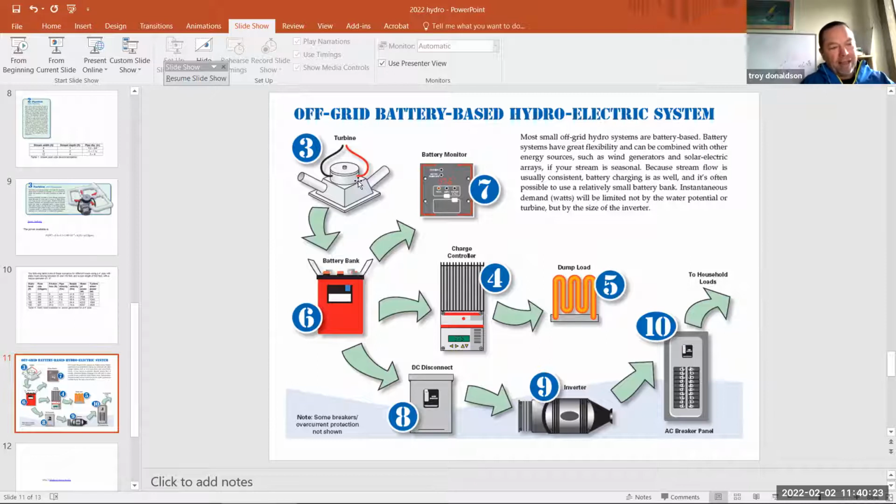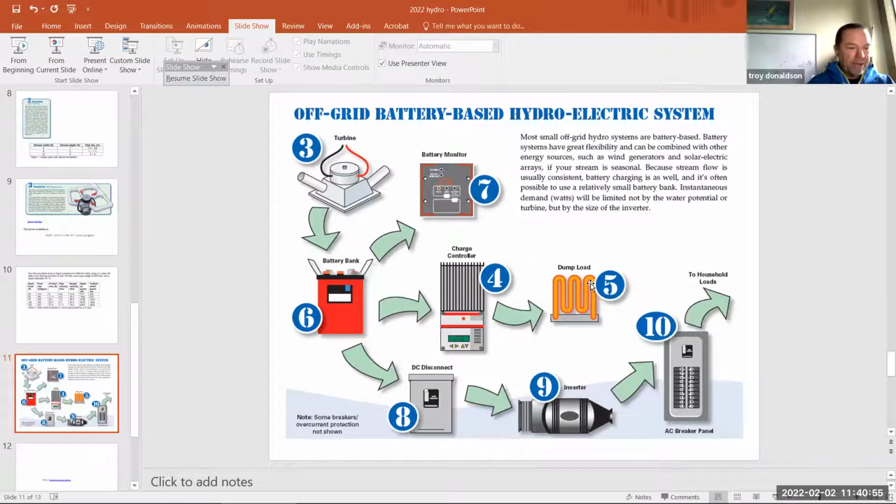And then that energy would head into a battery monitor or a charge controller. Very common because we don't want to overload batteries. And then once the batteries are full, we have to have somewhere to put the energy. So that's called a dump load. That can be a number of different things. It can be light bulbs. It can be just a dead short works also, but sometimes you heat water or something like that with it.